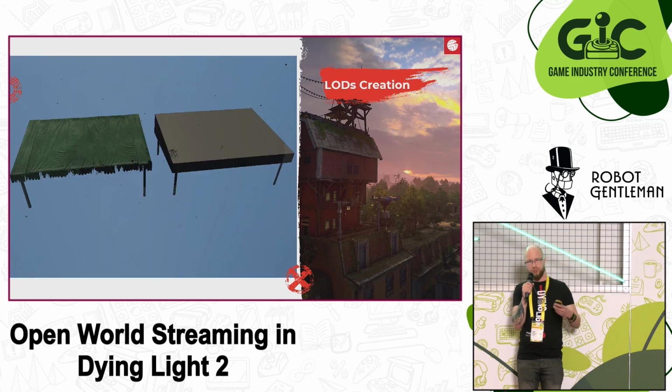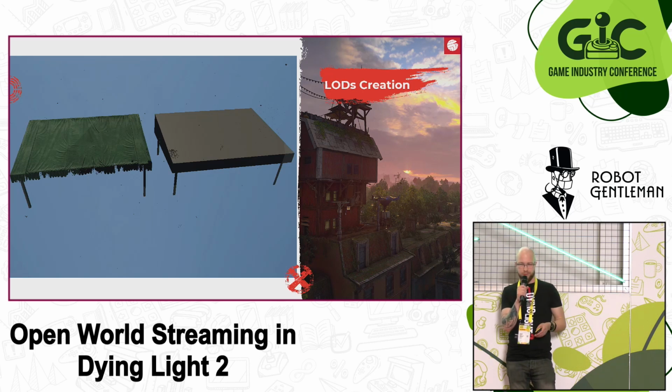Now, I mentioned that we replace those objects with LODs. So what are our LODs? How are they created? LODs are sometimes in some systems called proxies. In our case, we didn't use any middleware for that in the final product. The way we create them is 3D artists create proxy meshes for our prefabs, like for this canopy here, for example.